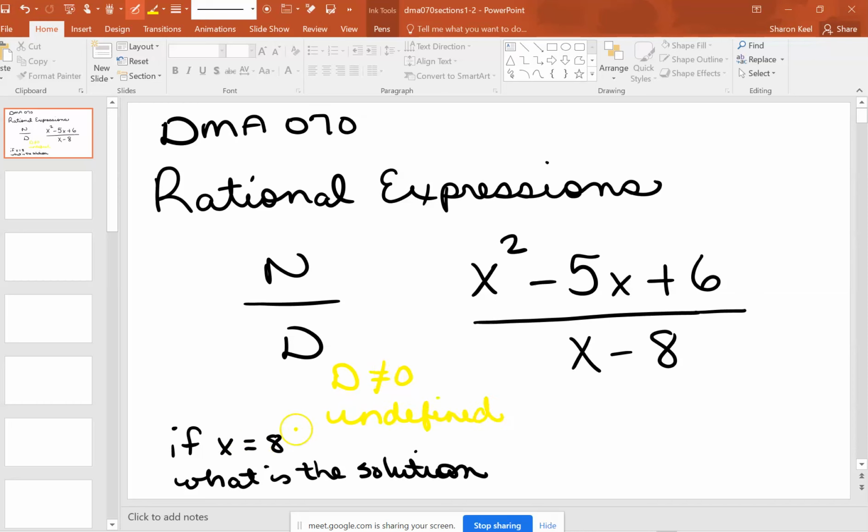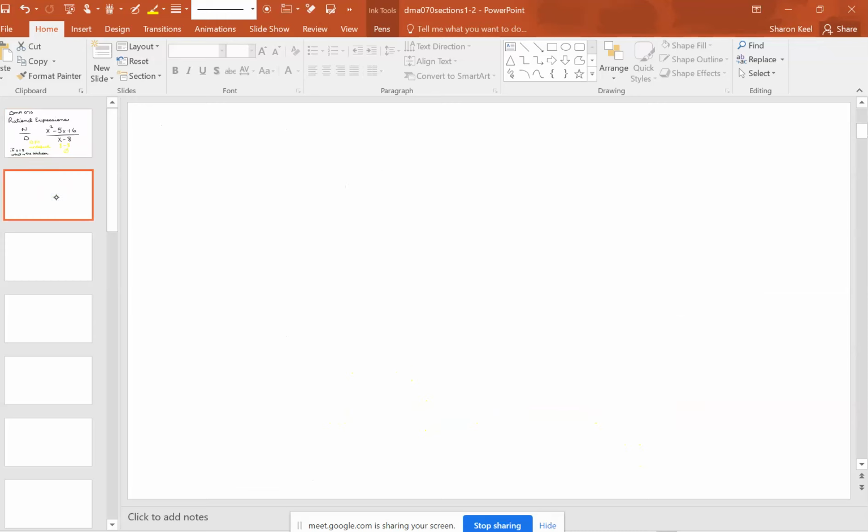And if I give you an 8 to plug in, the first thing you're going to do is look at the denominator. And if I plugged in an 8, 8 minus 8 would give me a 0, which would make this whole expression undefined. The first part of section 1 is talking about two things.